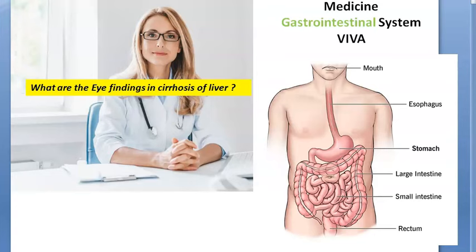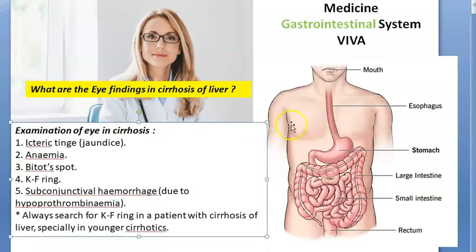What are the eye findings in cirrhosis of liver? Ma'am, in cirrhosis of liver, we can have jaundice, so there will be icterus, ma'am. Then there can be anemia. Then Bitot's spots, ma'am, because of vitamin A deficiency. Then Kayser-Fleischer ring, ma'am, very important because of copper deposit in the eye. Then subconjunctival hemorrhage, ma'am, because they have some bleeding problem, maybe hypoprothrombinemia, because the liver makes lots of clotting factors, and it also processes fat. So fat soluble vitamin deficiency.